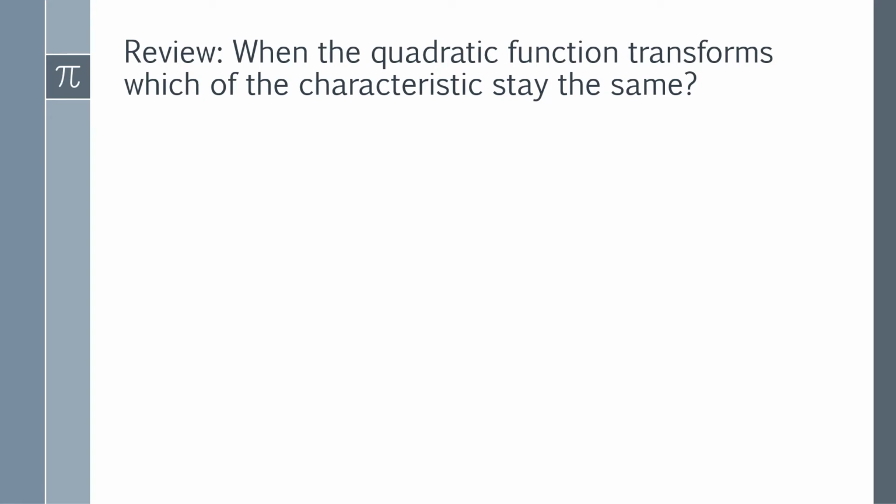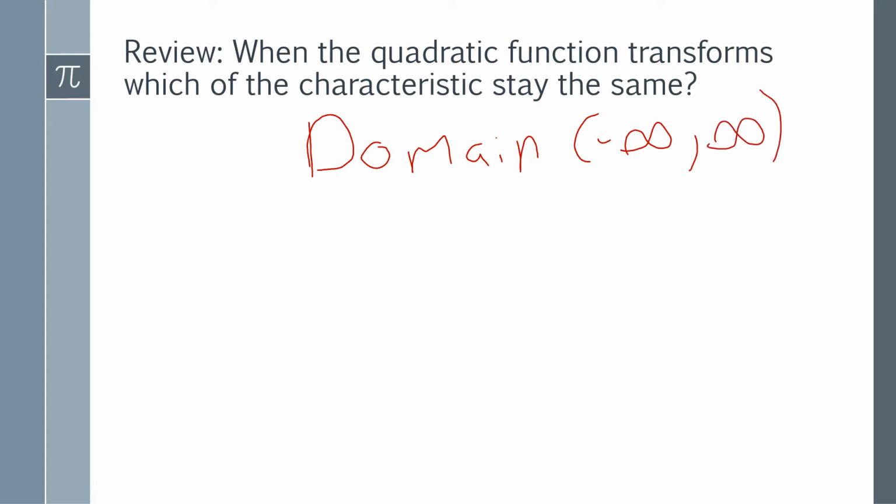When the quadratic function transforms, which of the characteristics stay the same? The answer is domain will stay the same, which we know is going to be from negative infinity to positive infinity.